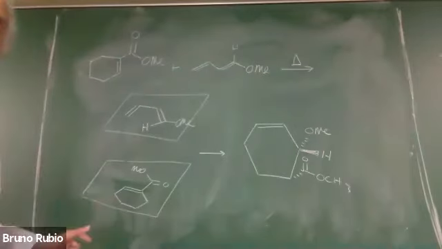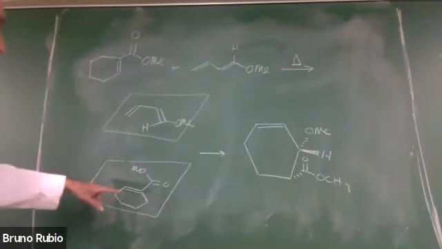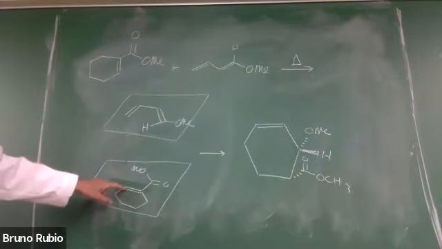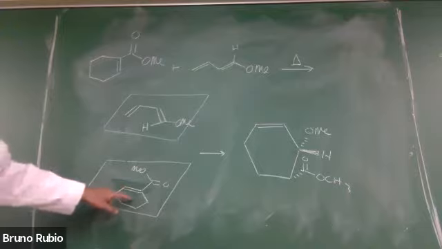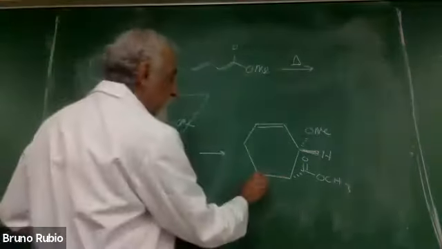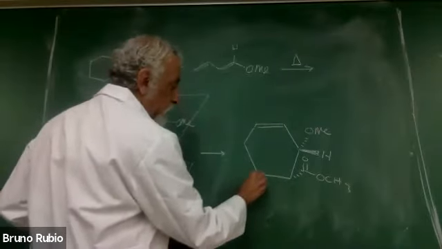See how it's on a dash? It's in the back. All right, and now this bond is part of a 6-membered ring in the front.